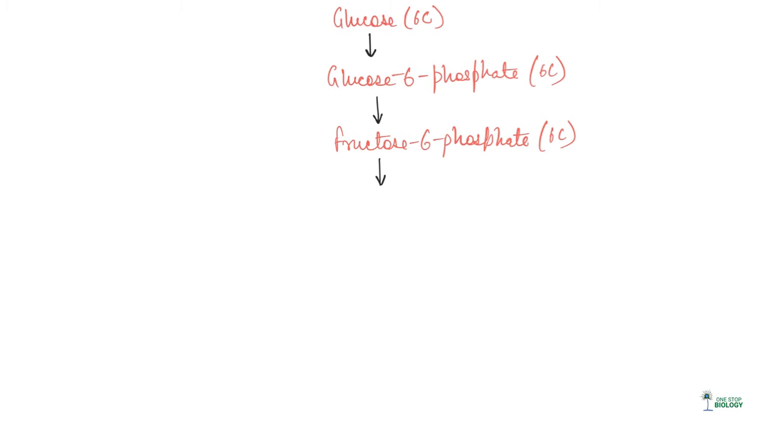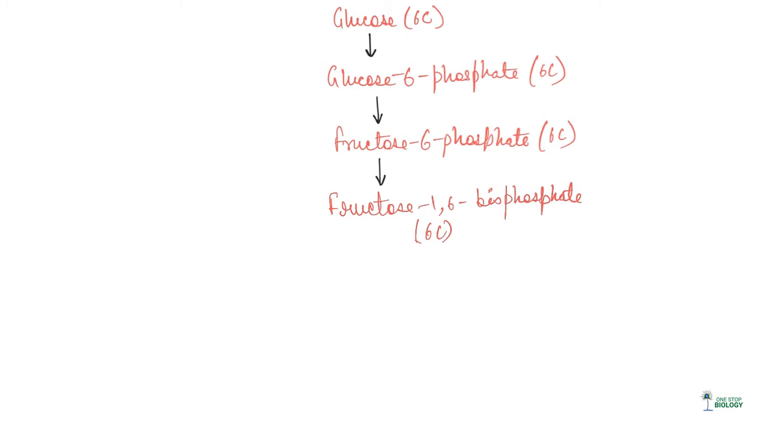Here we'll see at what all steps ATP is utilized. It is again a 6 carbon compound.